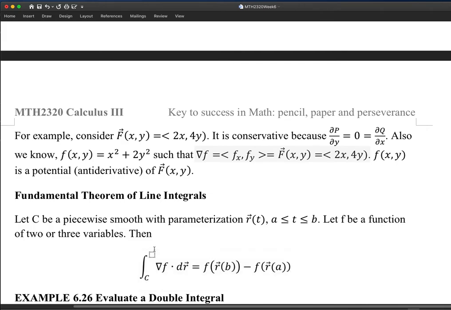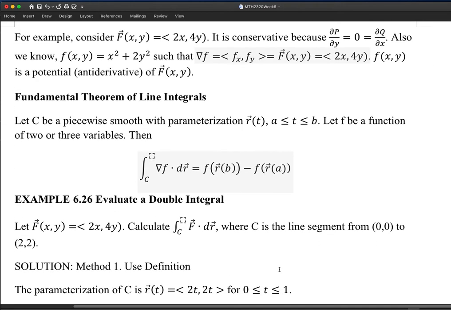When we consider the line integral, as long as the vector field is conservative, we calculate the difference of the potential functions at the end and at the beginning. That is the fundamental theorem of line integrals.